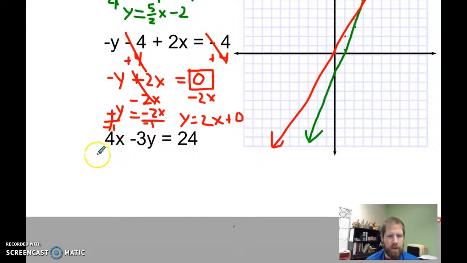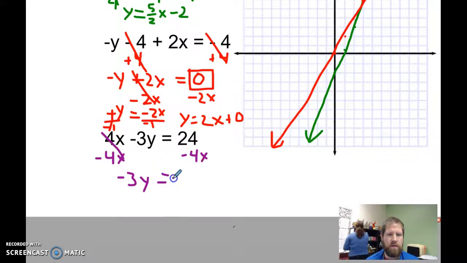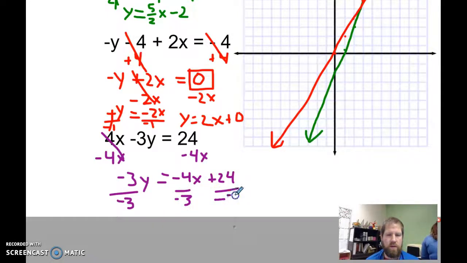All right. So first step, move the term over. Cancel. We have negative 3y equals negative 4x plus 24. Divide by negative 3 to isolate our y variable.